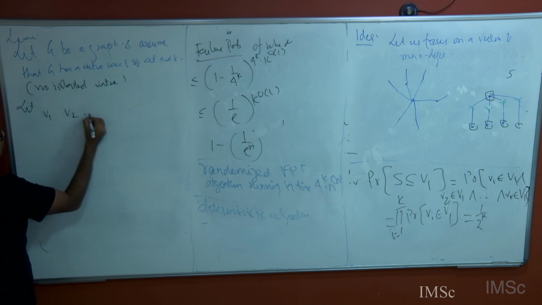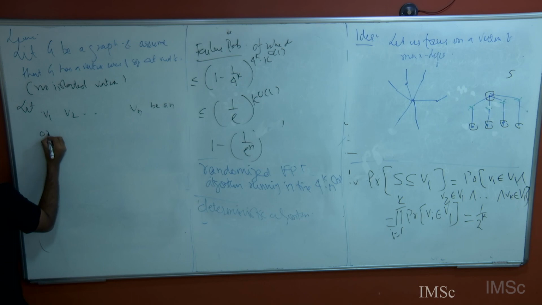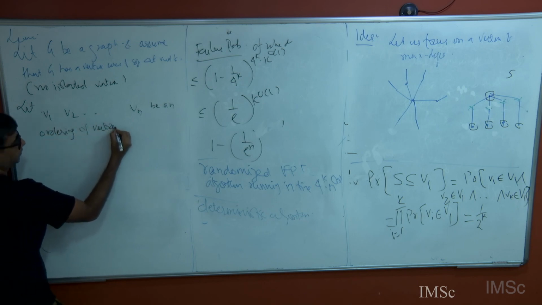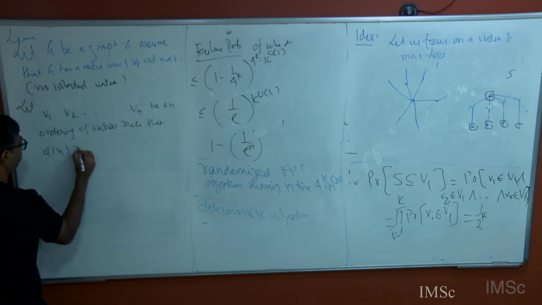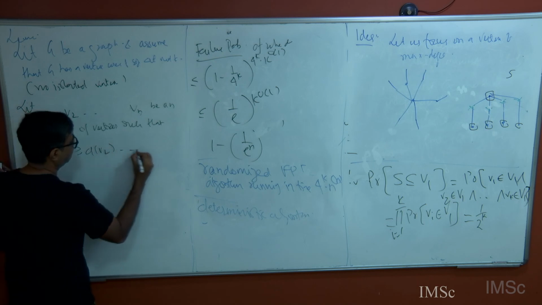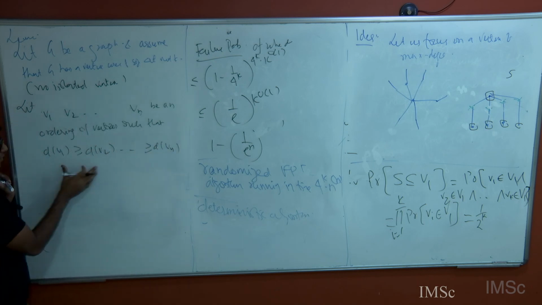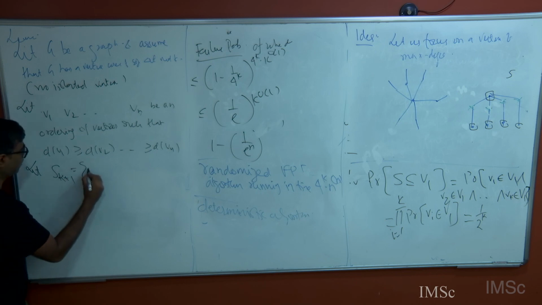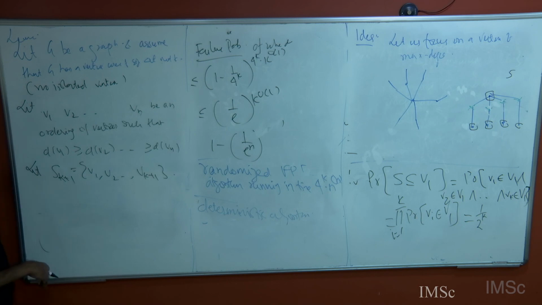v1, v2, ..., vn be an ordering of vertices such that, what is the property? Degree of v1 is greater than or equal to degree of v2, greater than or equal to degree of v3, and so on. So this is the highest degree vertex, this is the second highest degree, okay. Let S_{k+1} be {v1, v2, ..., v_{k+1}}, okay.